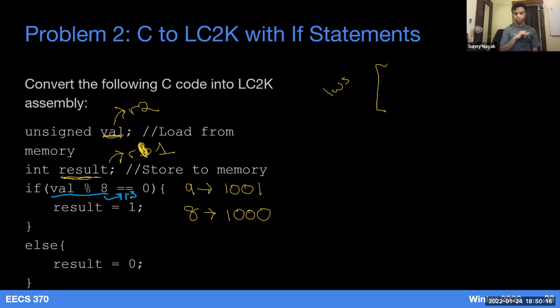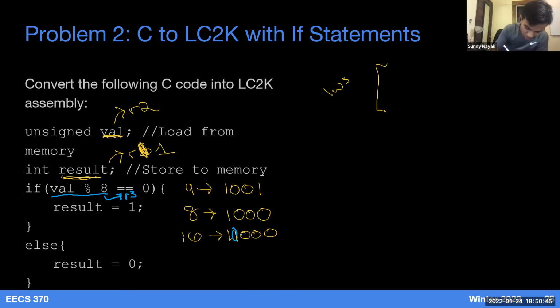Let's find a couple more examples. Let's think about the number 16, right? That's also a multiple of 8, and so we would expect the modulo operator to give us a remainder of 0. Let's look at the representation of 16. Oh, sorry, yeah, that's correct, it's 1, 0, 0, 0, 0.